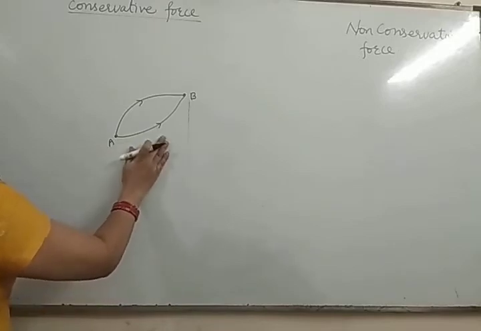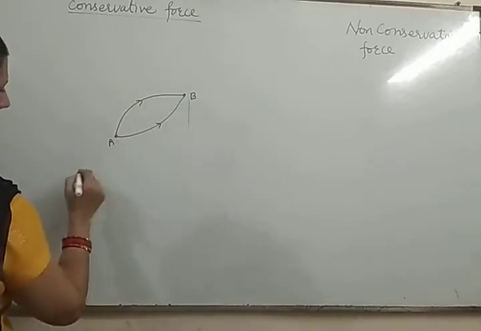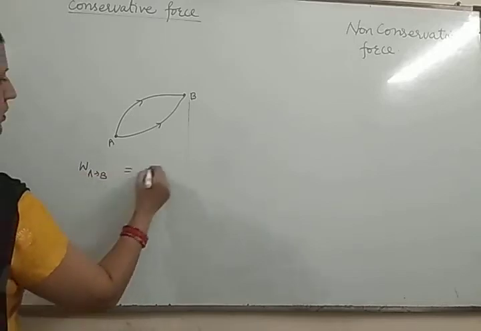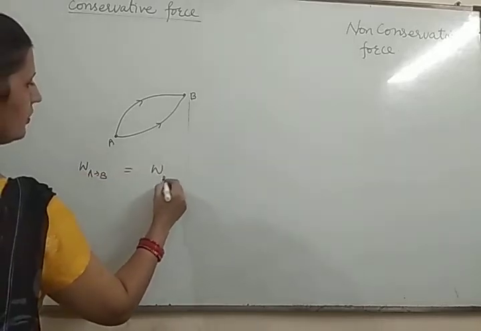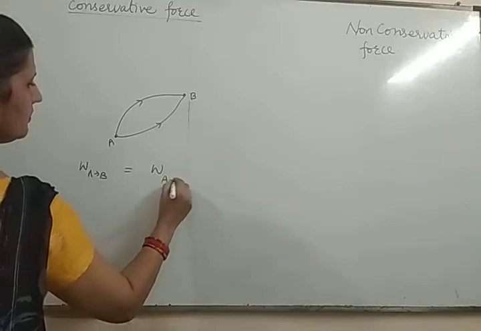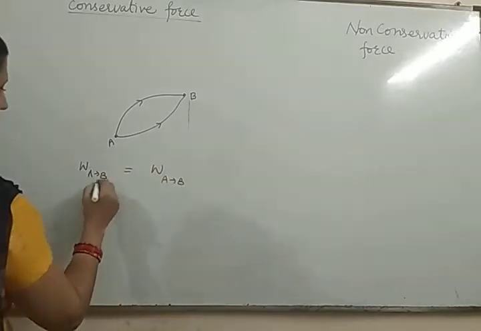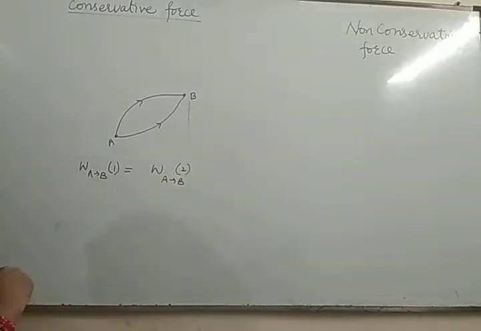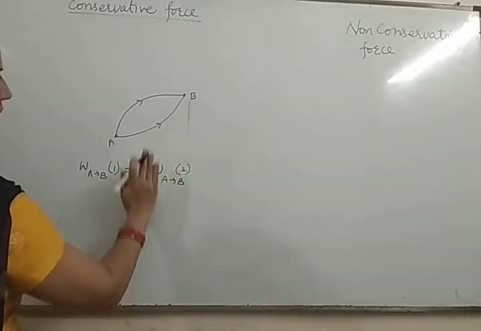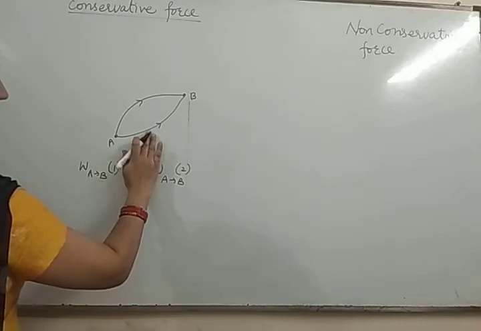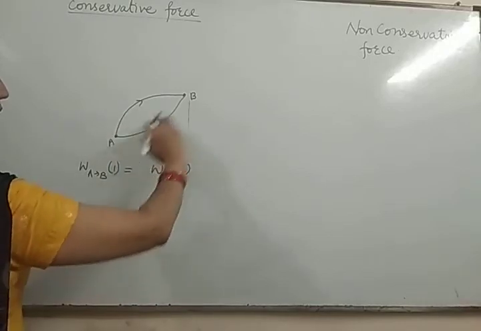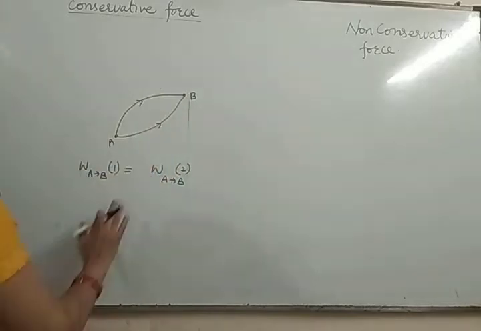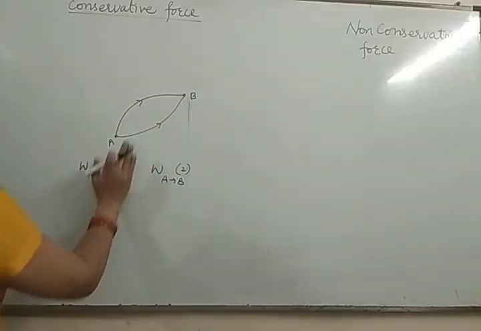If the work done from A to B along path 1 is equal to the work done from A to B along path 2, it means the work is independent of the path followed. It depends on the initial and final position.